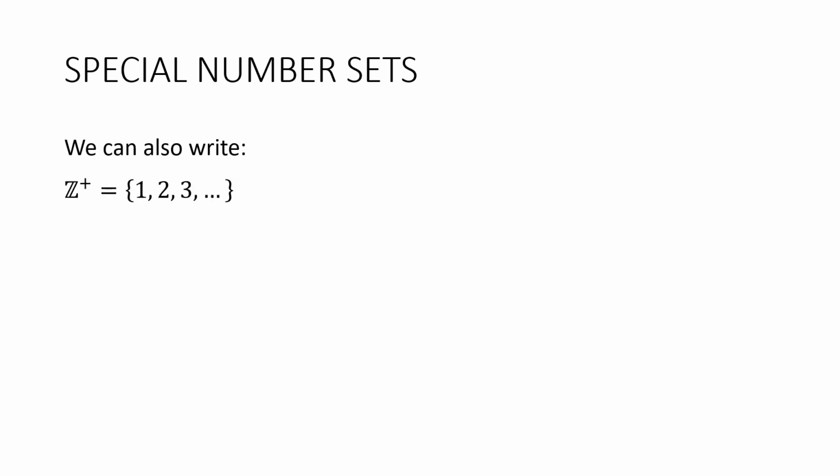We can also write things like Z with a little plus above it, and that means just the positive integers. Or we could write it with a plus and a 0, and that will include the 0. And of course, you will recognize that this is the same as the set of natural numbers, N.